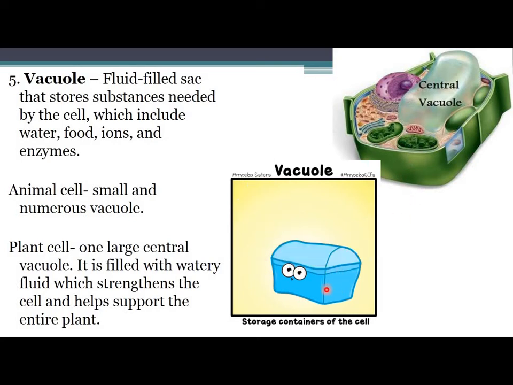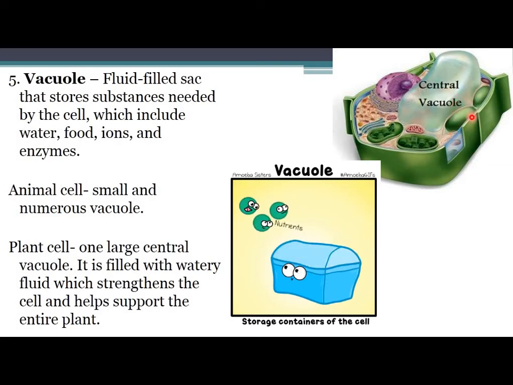Diyan naso-store, no? Now, animal cells has small and numerous vacuole, no? While sa plant cell, gaya nito, meron siyang malalaki. Malalaki ang kanyang vacuole. Bakit sobrang lalaki ng vacuole ng plant cell kumpara sa mga animal cell, o kumpara sa atin, no? Kasi halaman 'yan.